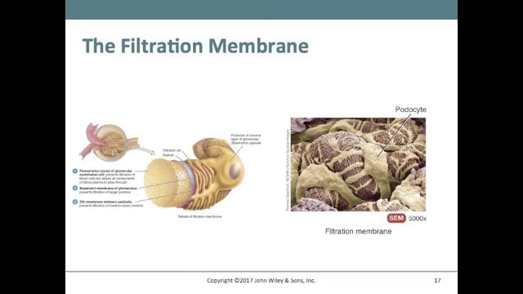And if we look at the next slide, we can see a filtration membrane. This cartoon appears on page 1055, and this is figure 26.8. So during glomerular filtration, water and solutes pass from blood plasma into the capsular space.